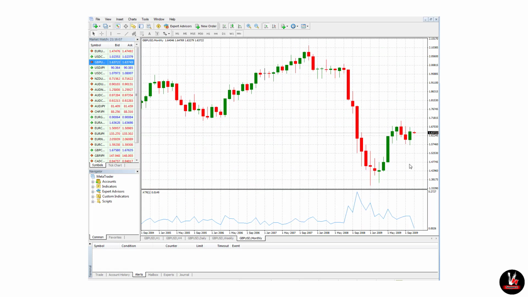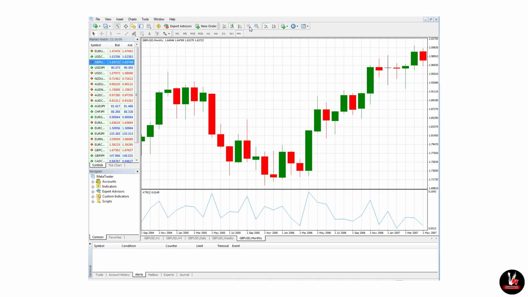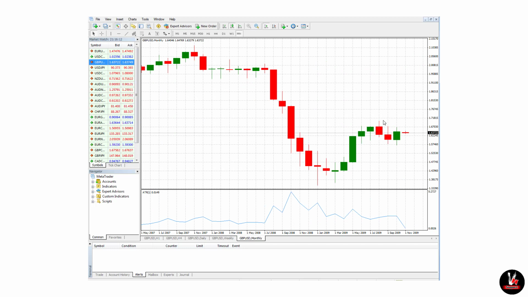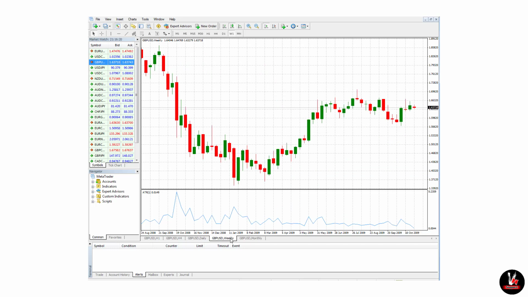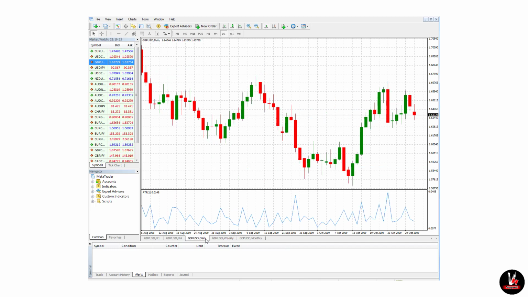Let's enlarge our charts here and see what the Great British Pound has to offer today. It's interesting on the monthly. Okay, it's actually kind of meandering along there. The weekly is, of course, following suit. Daily is okay. Could look at things.